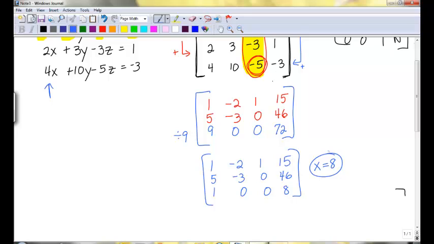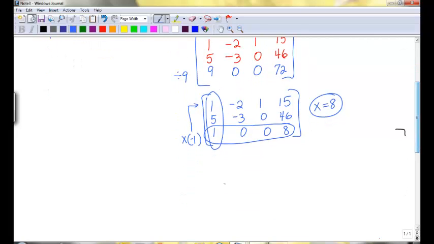Now, here's the shortcut. This time it works. As soon as I get an answer row, that row won't ever change, and I use that row to get me zeros. Because it's real easy. I've got a 1 now. What can I multiply this by and add it up? Negative 1. Okay?